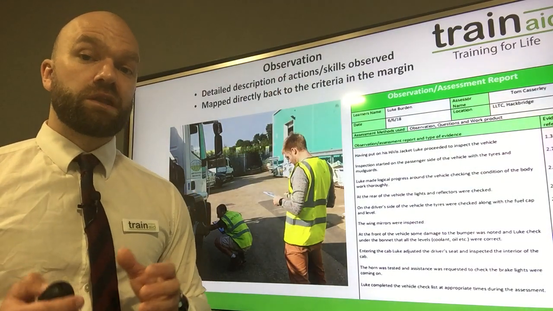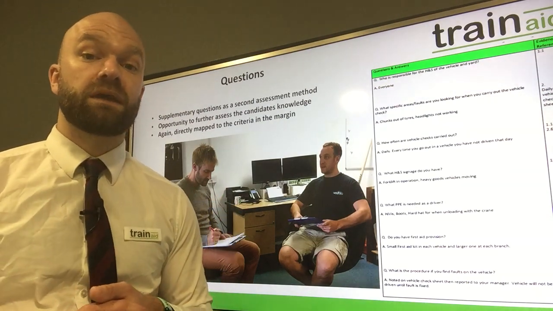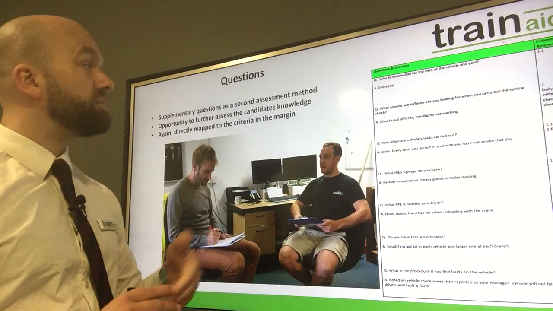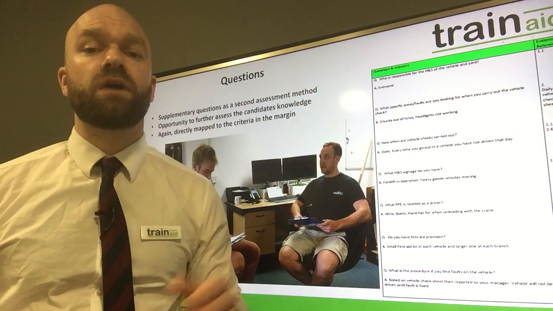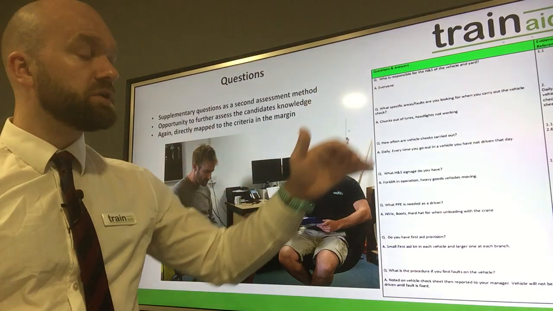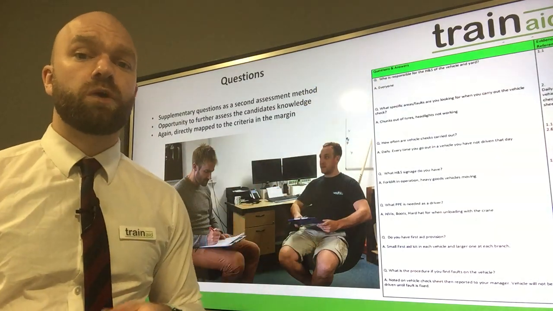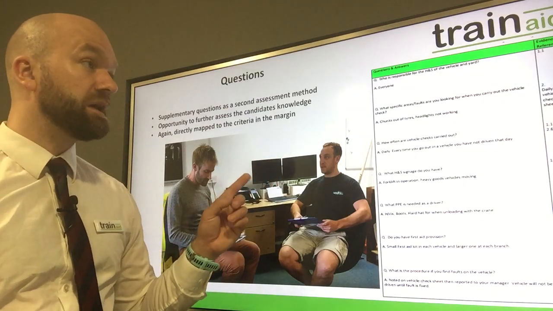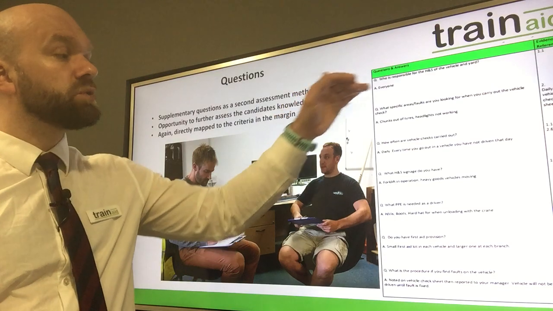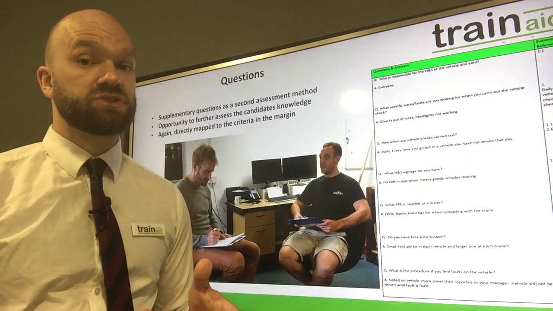Now, after the assessment has taken place, you also need to carry out the questions as well. We'd like for you to plan roughly 5 to 6 different questions. The question and answer section should take place within perhaps a private room or an office, like this example here, and your questions should be written out prior to the observation taking place.